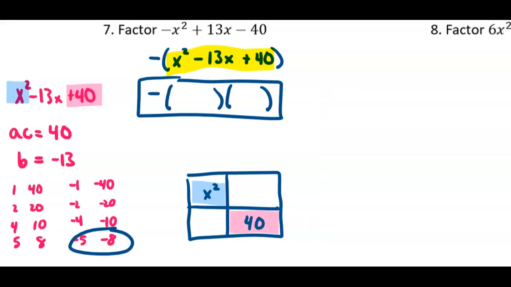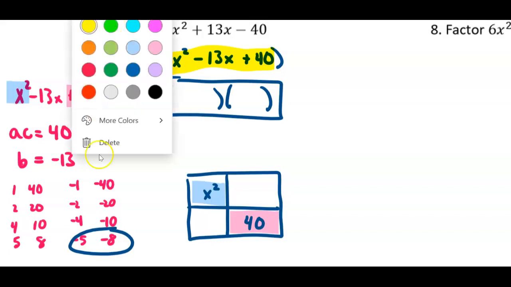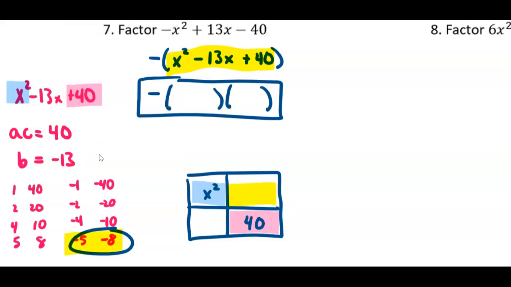The two numbers that we came up with, the negative 5 and the negative 8, they make these. And you can choose either one. I'm going to put the negative 8x up here and the negative 5x down here. Don't forget to put the x's on them because negative 5 and negative 8 is negative 13. It has to have this x, so they both have to have the x's. Okay, anytime I see x squared, I know this is x and this is x. Okay, remember what I said.